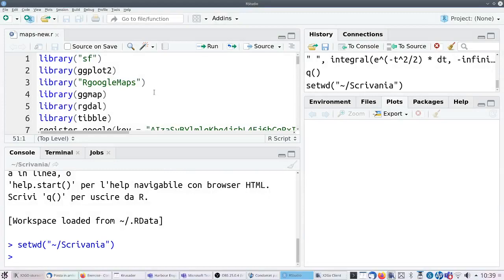Okay, and then let me clean the history. Just one second, connections, okay, history.